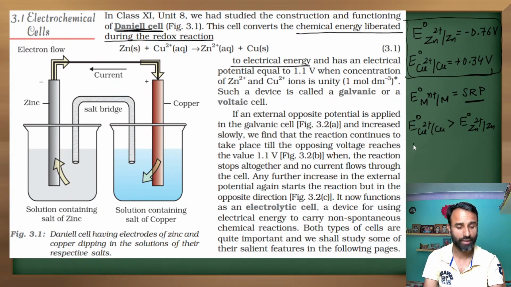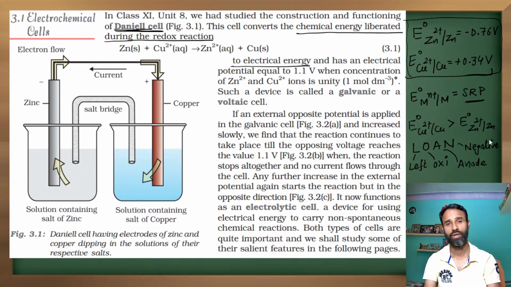And keep in mind this word LOAN: left, oxidation, anode, negative. This is the representation of the electrochemical cell. Only keep in mind the word LOAN.